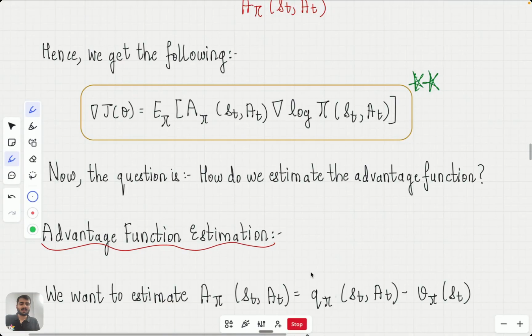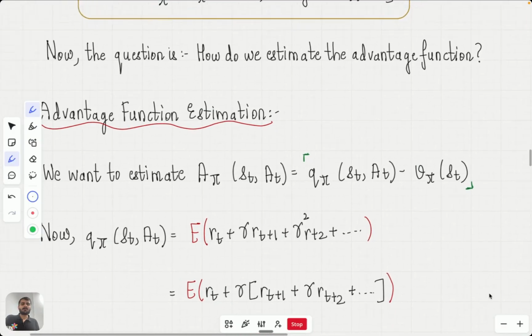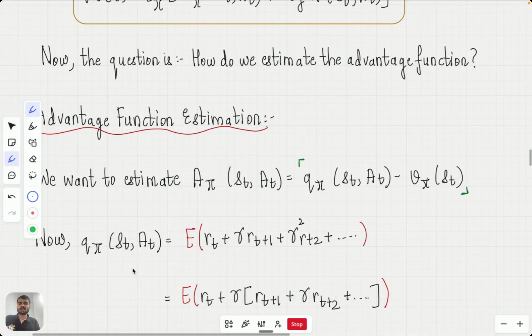So we want to estimate this quantity, and this quantity can be written as, let's look at first only the action value q pi of st comma at, which is the expected value of the reward received after taking action at plus gamma times the subsequent reward plus gamma square times the reward received after that, and then you add all these rewards together.